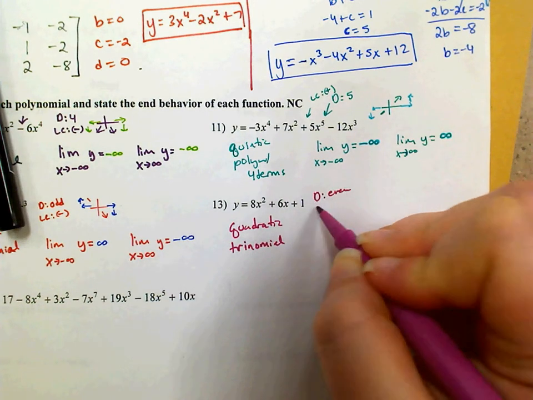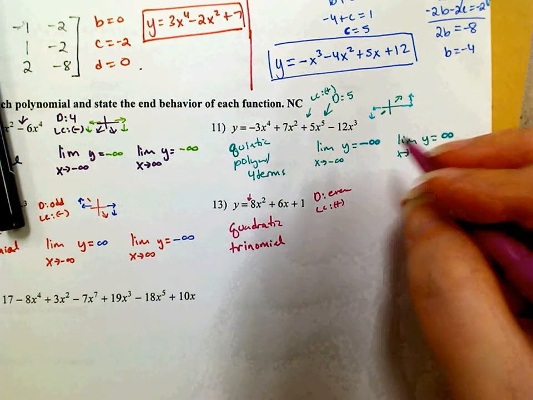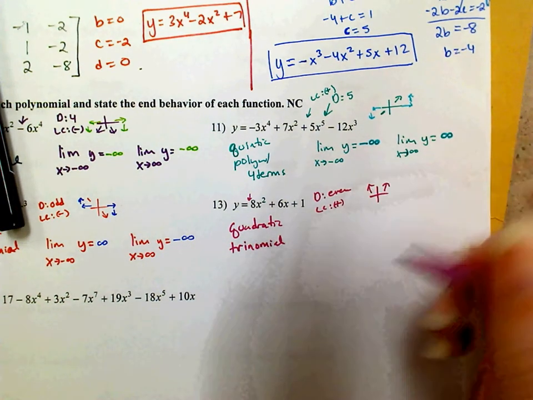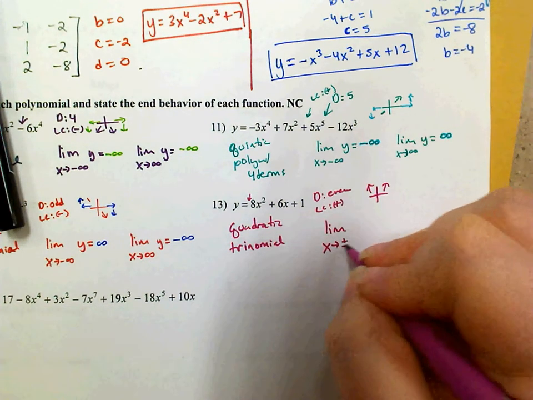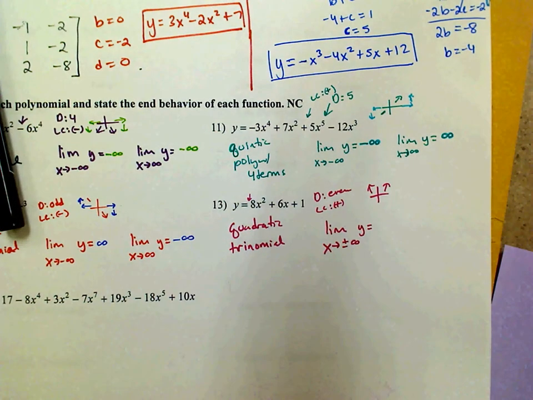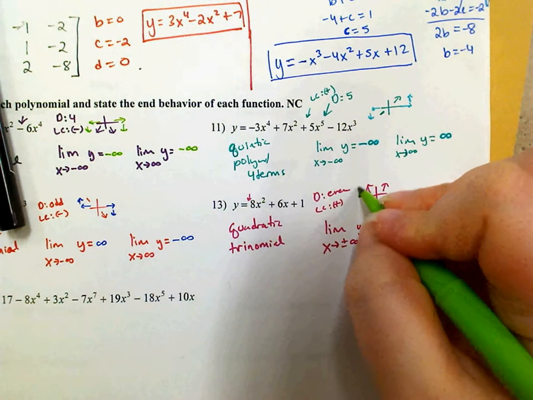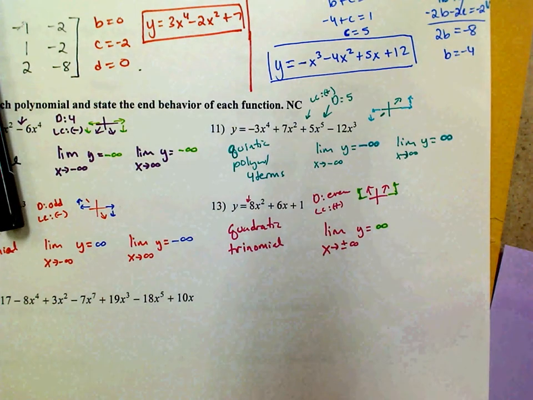Even positives go up, up. So the limit, and I'm going to go ahead and combine these because they're the same, to positive and negative infinity of the function y is, so in either case they go up. Left I go up and right I go up, so that means they're both positive infinity. So with evens you can combine if you want, or you can do them separately. I don't really care, as long as they're right.